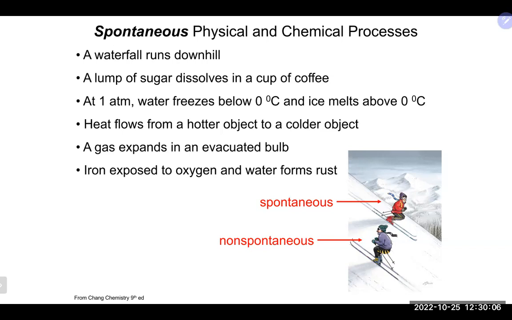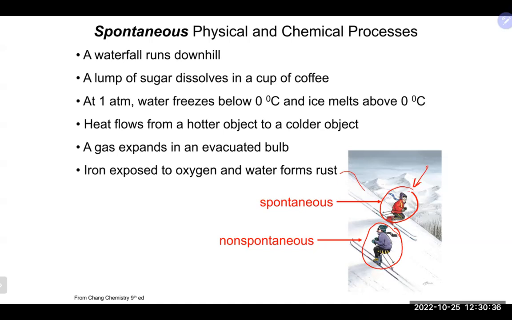Heat always flows from the hotter object to the colder object. Iron exposed to oxygen and water will form rust. Coming downhill skiing is a spontaneous process, right? You pretty much just need to go over the hill. A non-spontaneous process would be if you decided to go uphill from the bottom, probably freaking this guy out as he's coming downhill, I'm imagining.